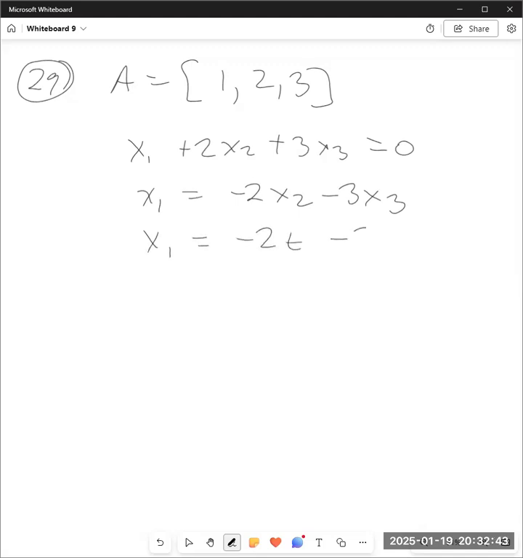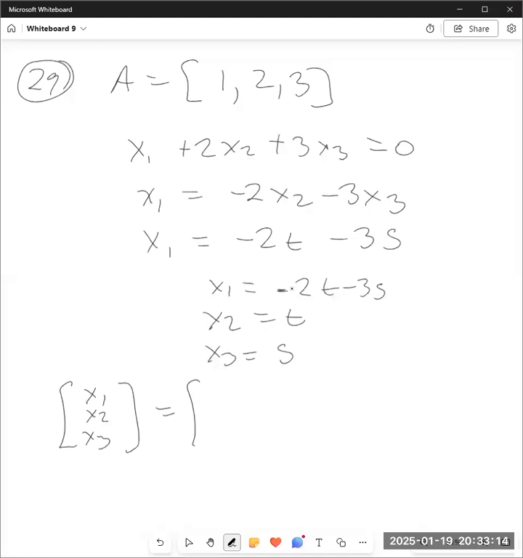I use t before I use s as a parameter. So that means that x2 is equal to t, x3 is equal to s, and x1 is equal to -2t minus 3s. So that means that I can write this x1, x2, x3 as -2t minus 3s, t, s.